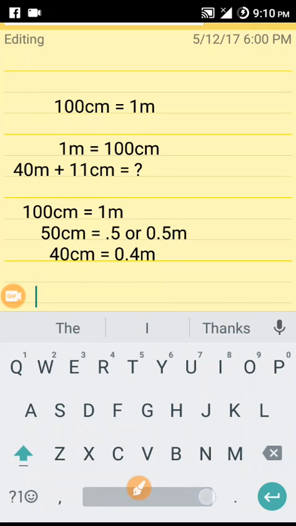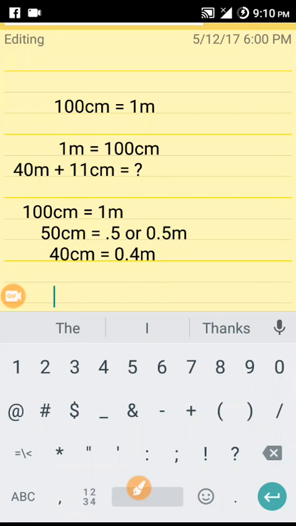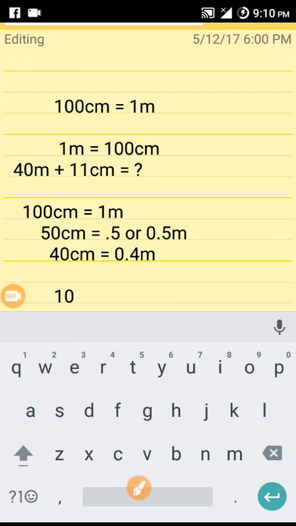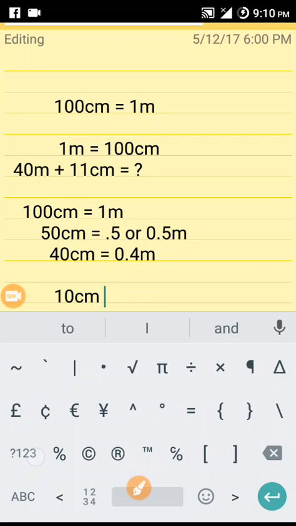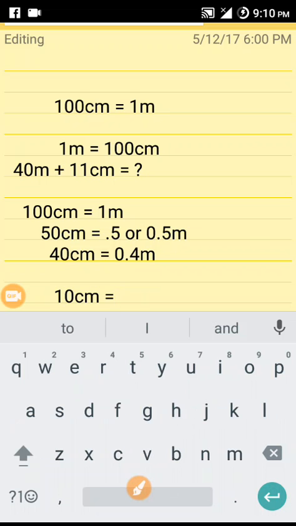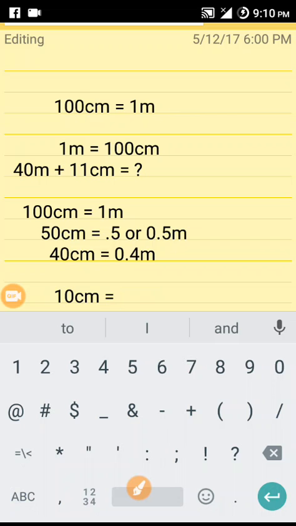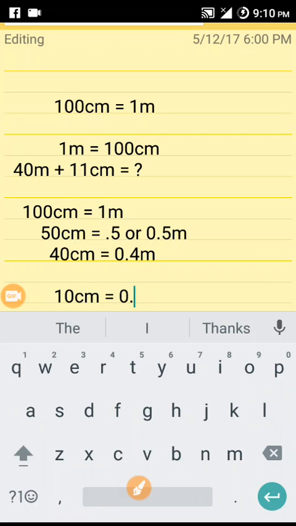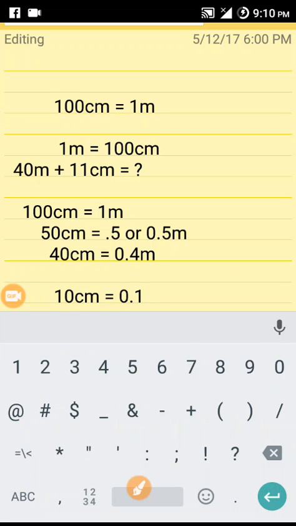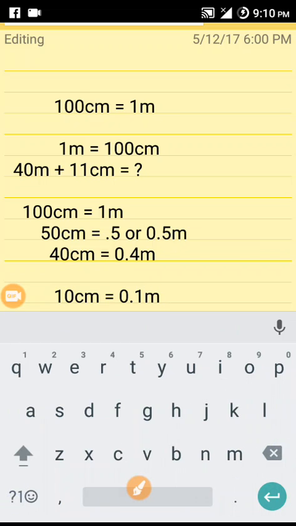Okay. If 40 is there, what about 10? Let's look at 10. 10 centimeters gives us what? 0.1 meters. Have you seen it? 10 centimeters gives us 0.1 meters.